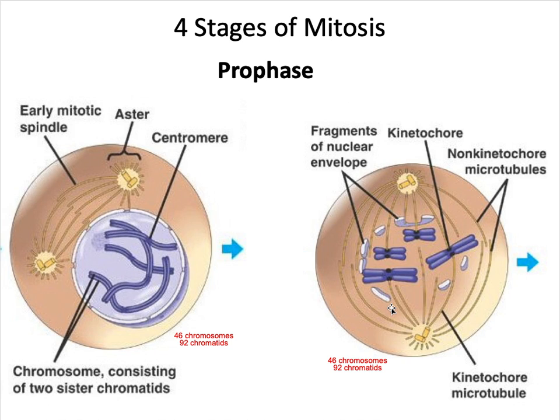Okay, so now let's talk about mitosis. The first phase is called prophase. This will be the longest phase because there are so many things going on. Here we have our two centrosomes with a pair of centrioles each. They are going to migrate to the opposite sides, or opposite poles, of the cell. Then you get the formation of your spindle fibers.